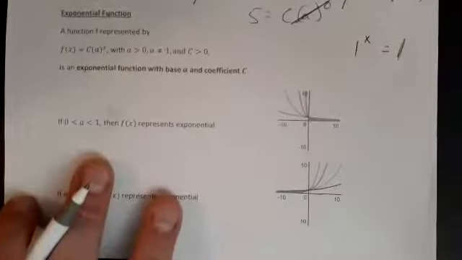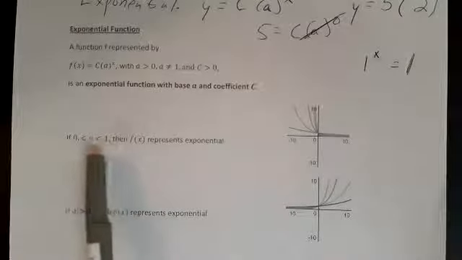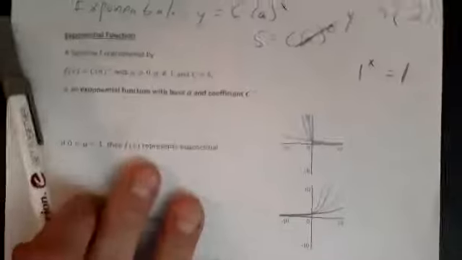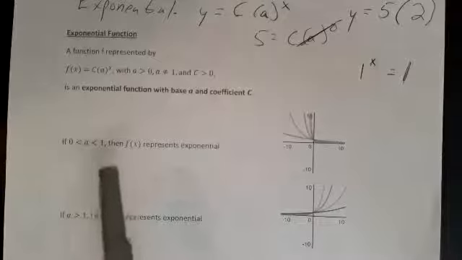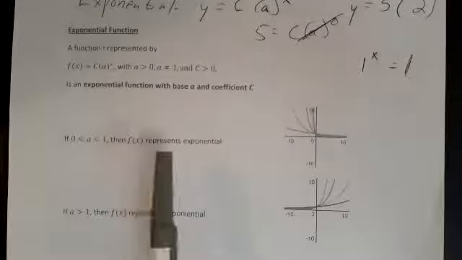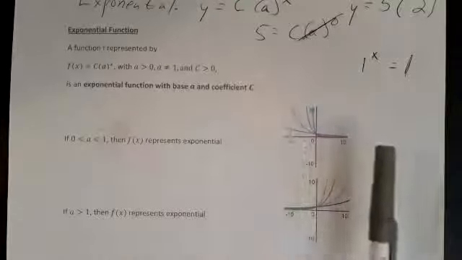They give you a few examples here. Our base has to be positive, but if it is a fraction between 0 and 1, we're multiplying not by a whole number like up here, but by a fraction. Take a number like a half. If we keep multiplying by a half and a half and a half, this thing is going to get smaller and smaller.